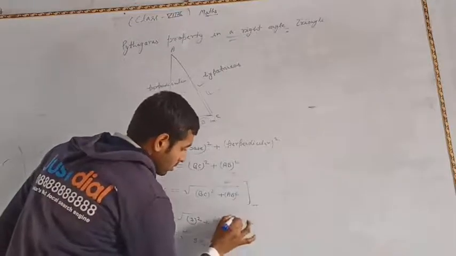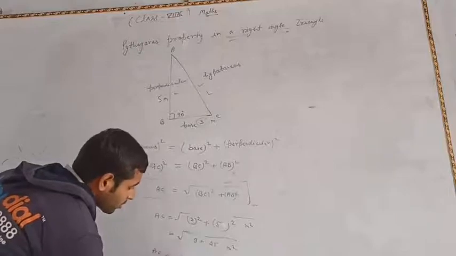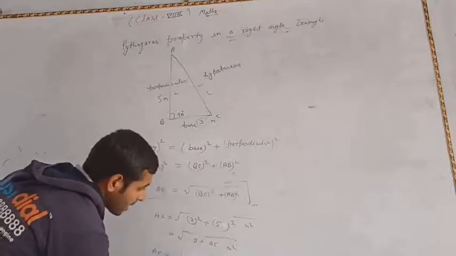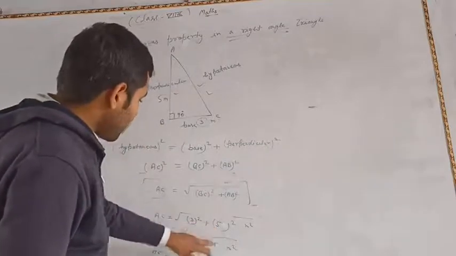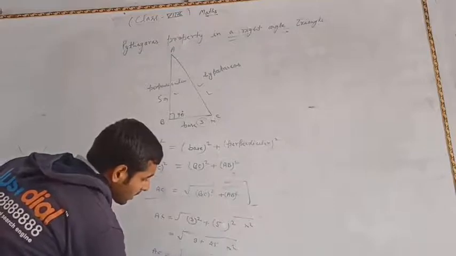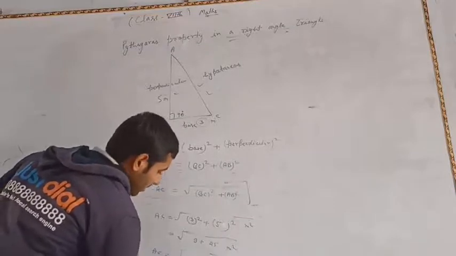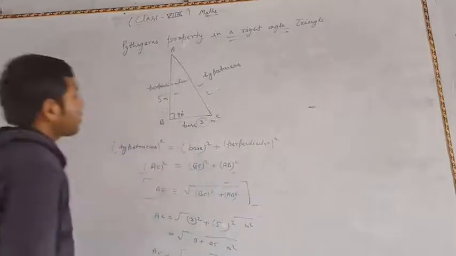Under root, AC is equal to under root 9 plus 25. 3 3 is 9, 5 5 is 25, 9 plus 25 is 34 meter square. So this is the value of AC.